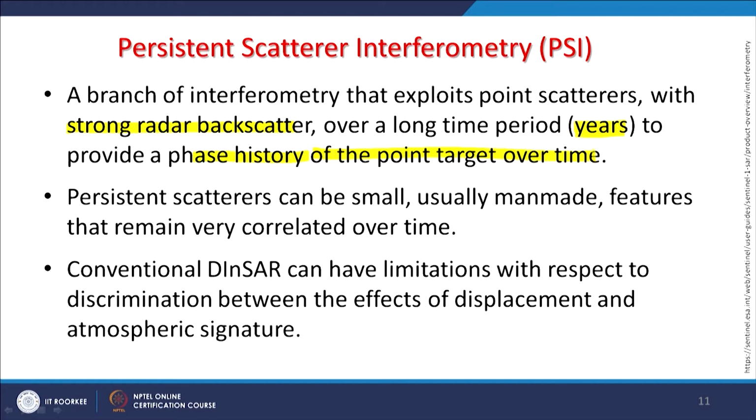And I am not talking of just one point. In one area there might be hundreds of such strong radar backscatterers, and they can give us the ground deformations that have taken place in that time period. As the name says, persistent scatterers continuously give quite strong backscattering, something like a corner reflector, which always gives strong backscatter.